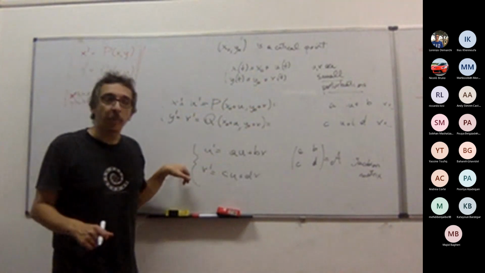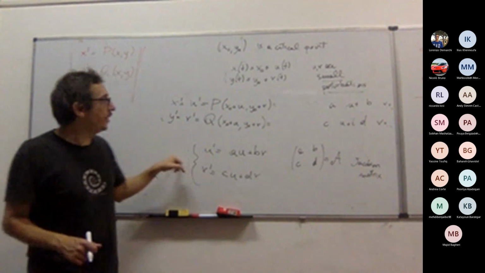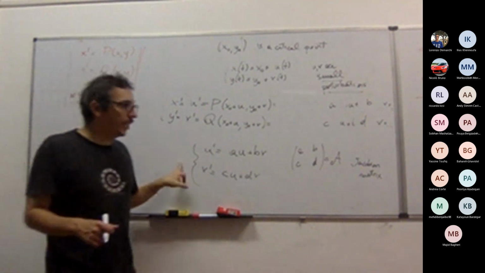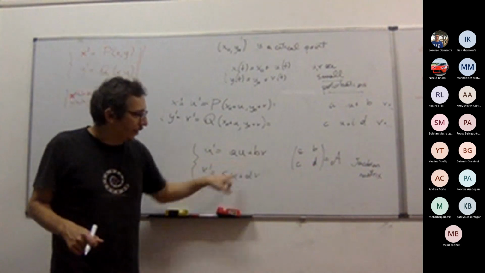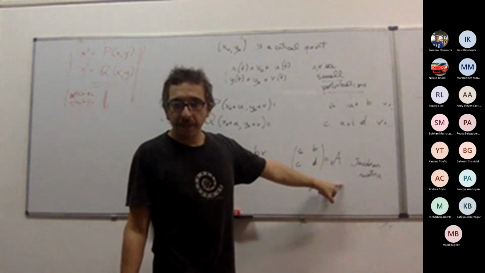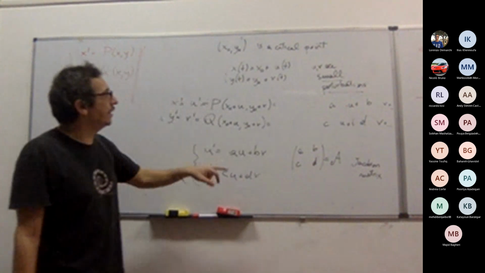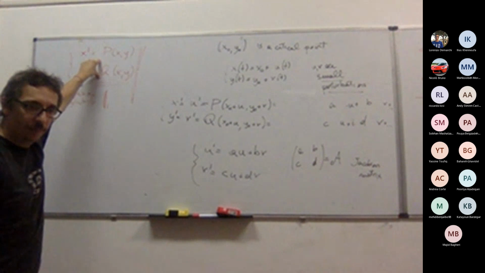And we ended up with a system that is linear. So we started with a nonlinear system, and we ended up with a system which is linear, whose coefficients, this Jacobian matrix, are coefficients that depend on the derivatives of P and Q.